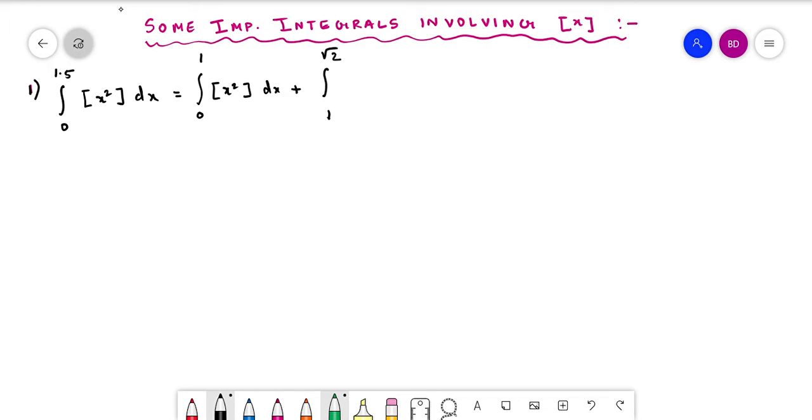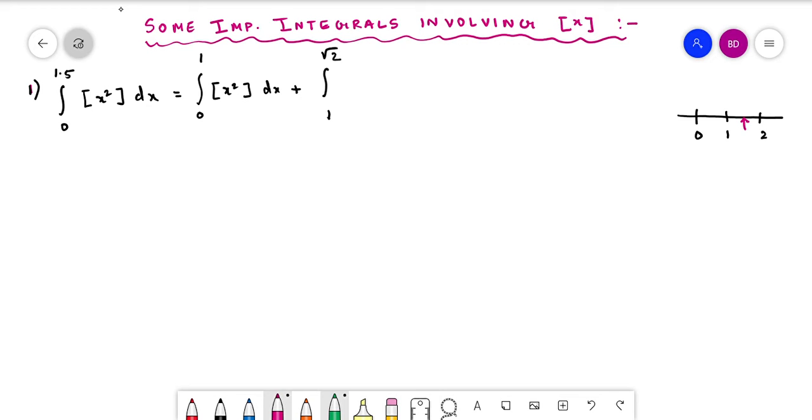No, we will see. If I see the number line here, then this is say 0, this is 1, and this is say 2. So 1.5 is somewhere here, right?